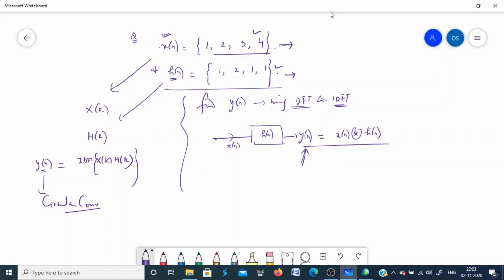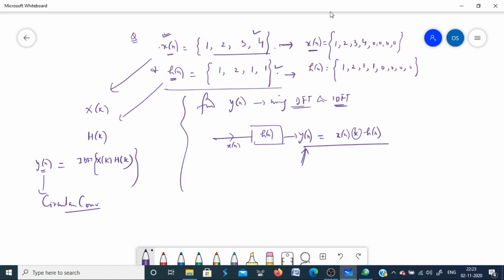So since this sequence has a length of 4 samples, to compute its 8-point DFT we have to use zero padding. I have to add 4 zeros to this, and similarly to hn, I have to add 4 zeros: 1, 2, 1, 1, 0, 0, 0, 0.